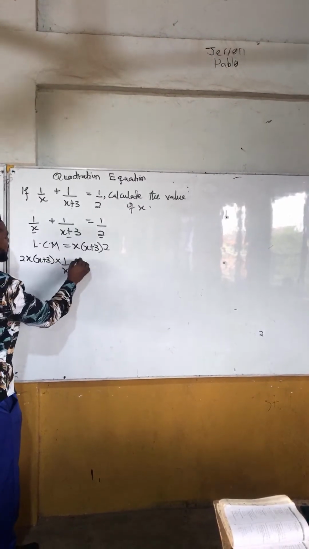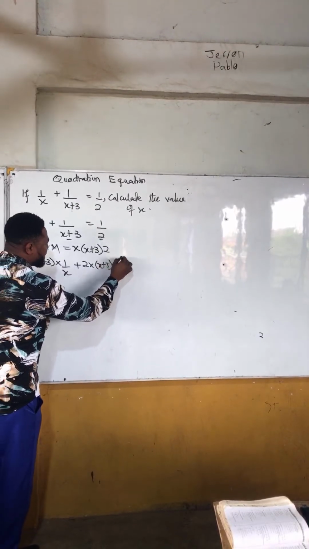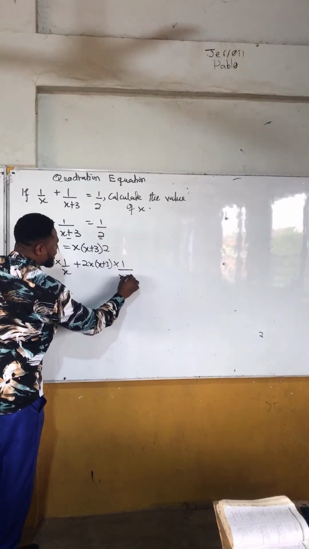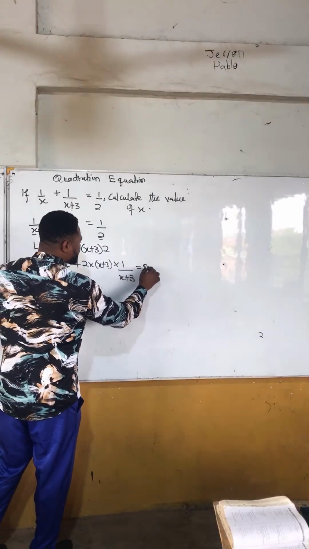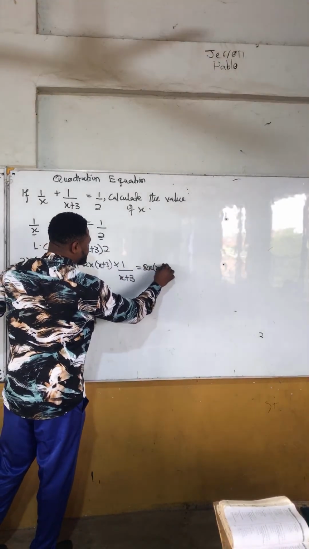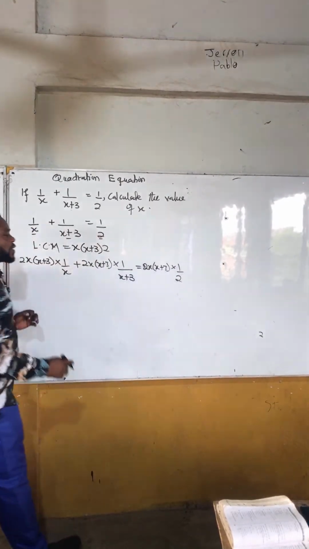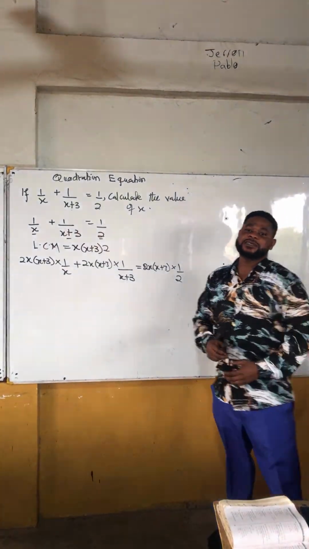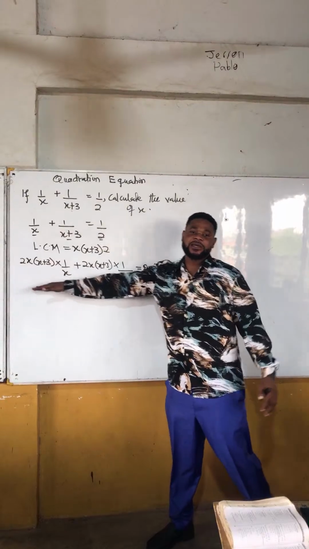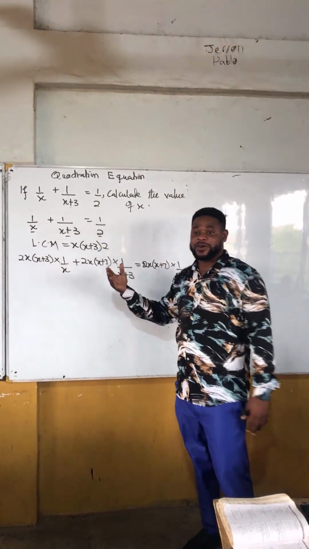X. Wow, this is going to be long. Times 1 over what? X plus 3. Are we all there? Then 2x times 1 over what? 2. So the boy said that we are going to use our LCM to multiply through.